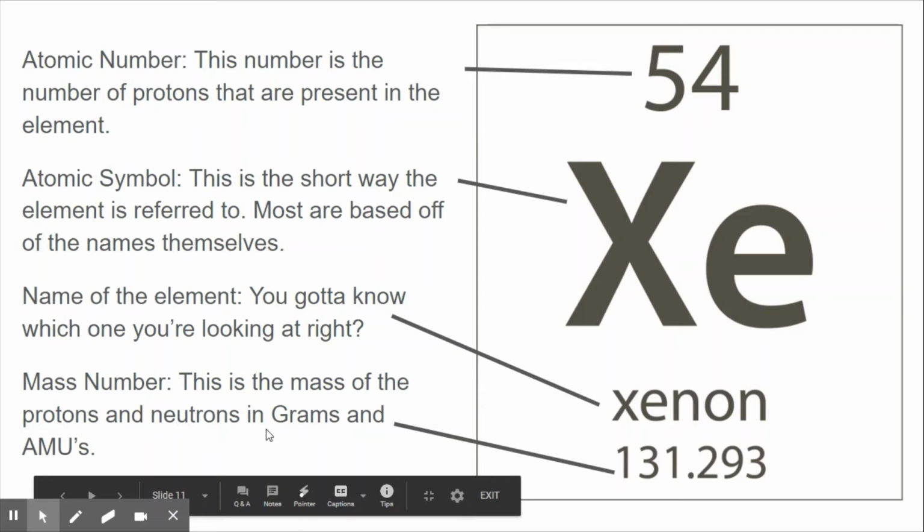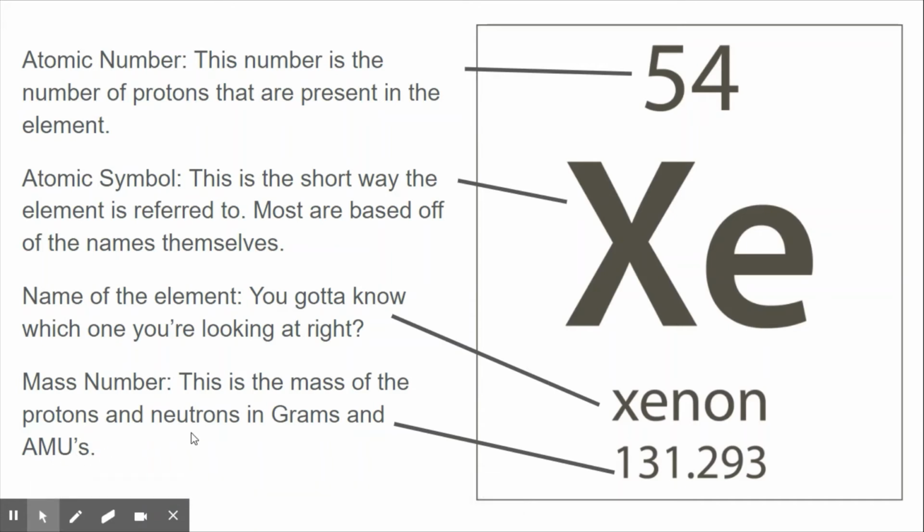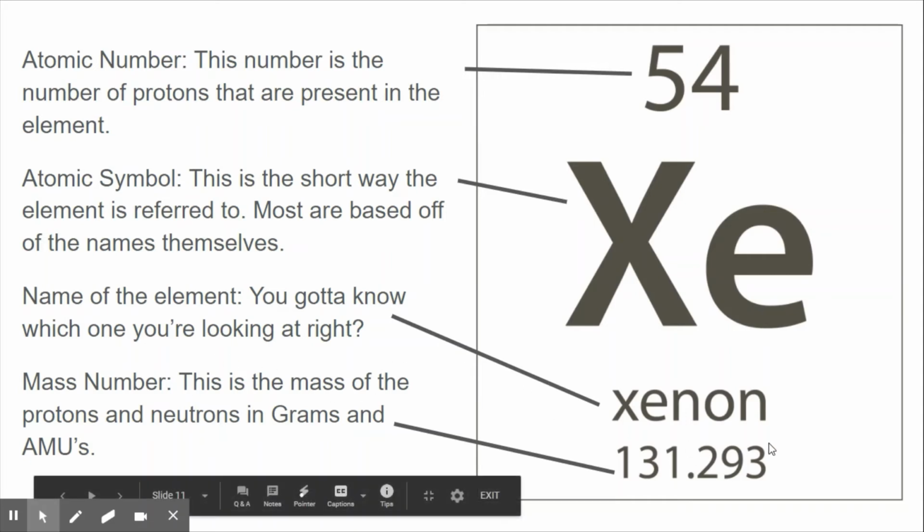For us, it's in grams and also in something called AMUs, which stands for atomic mass units, if you remember from us talking about atomic weights. So this helps you in knowing how quote unquote heavy your element is.